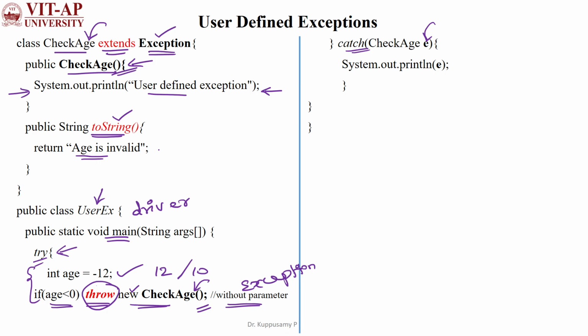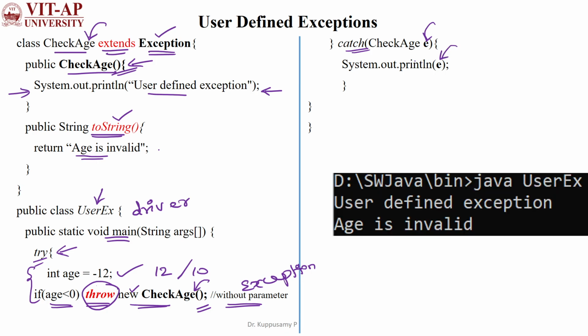Then that error notification, which is stored in the variable e, is displayed to the user. You see the user defined exception notification, and the toString method is automatically executed. So that is overriding the toString method, which has the information "age is invalid", and that is displayed here.